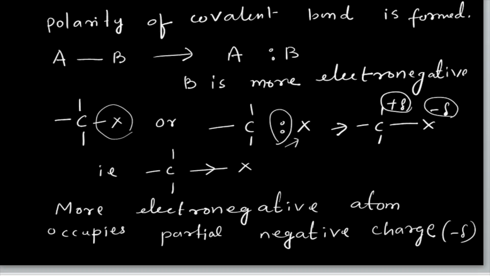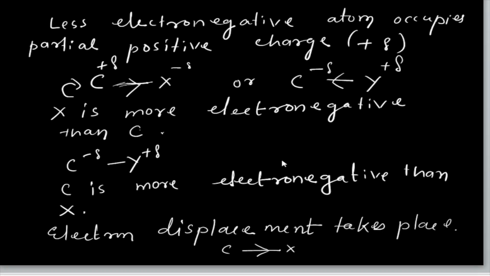So how does the electron move? See, the electron moves towards X. Why? Because here it acquires delta positive, and here it acquires delta negative. The more electronegative atom acquires the partial negative charge, and the less electronegative atom acquires the partial positive charge.